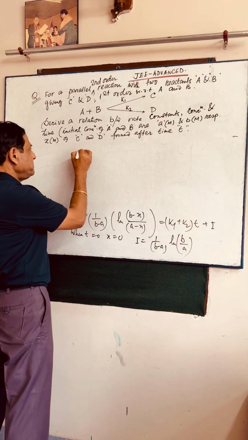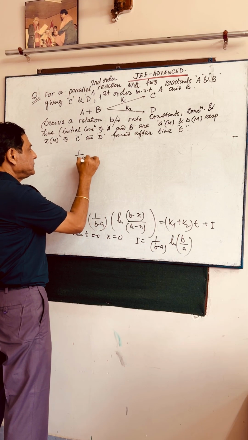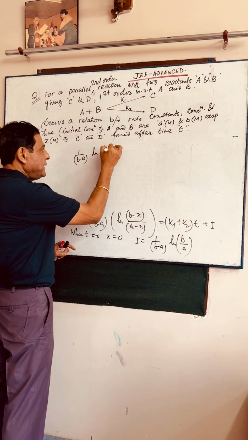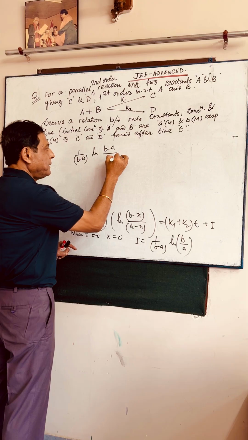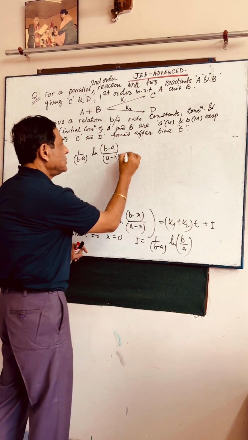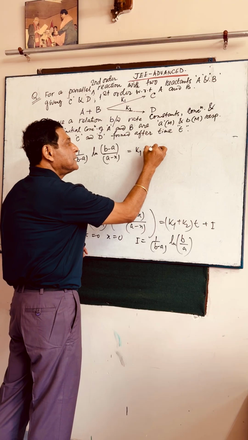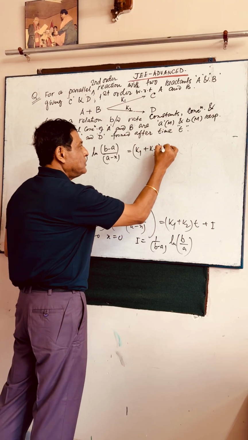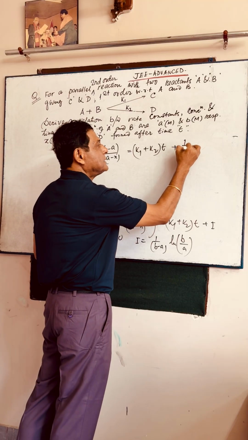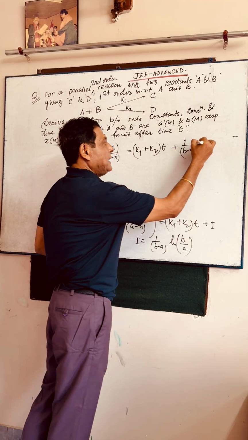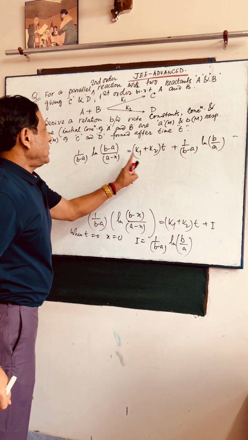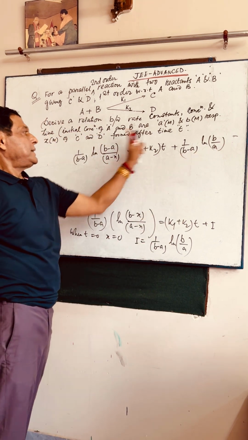So 1 by (b minus a), now very slowly, ln((b minus x) by (a minus x)) is equal to (k1 plus k2) into t plus 1 by (b minus a) ln(b by a). Okay, now k1 k2, let us take it here.